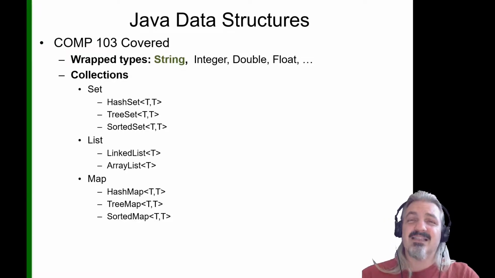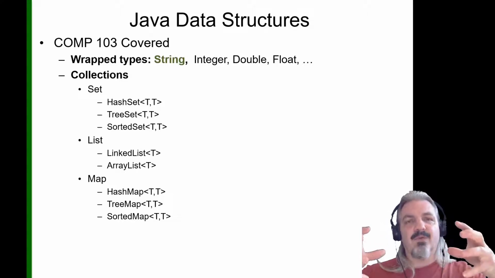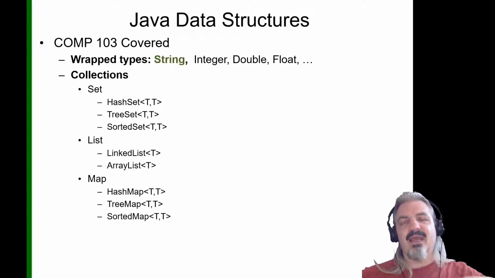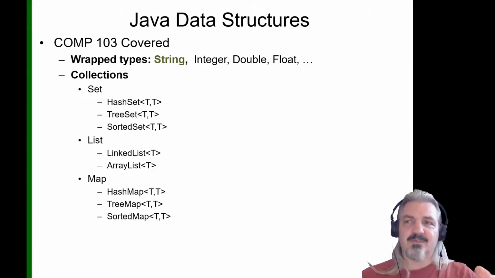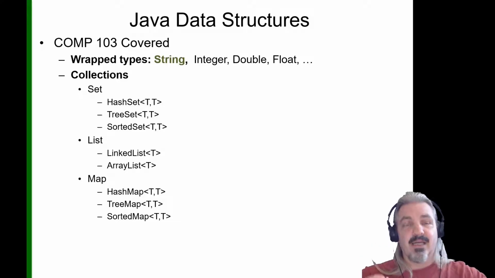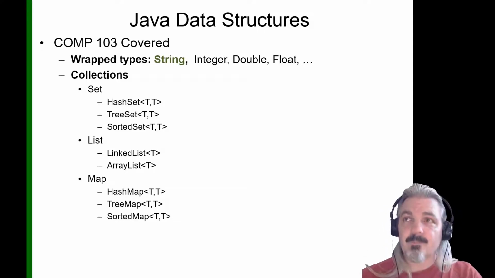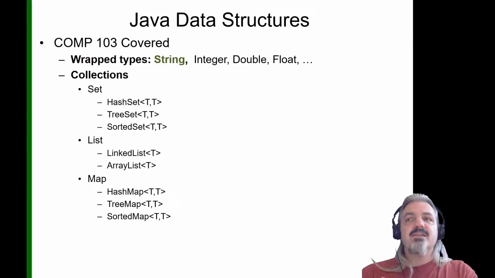The array list is used a lot in Java, so lots of things use array lists because they're an efficient way of dealing with arrays, because you can expand them but they keep contiguous memory, which is quite useful. And maps: you have hash maps and tree maps and sorted maps, and these again refer to those data structures, right? So these are data types and data structures, but these don't cover everything.